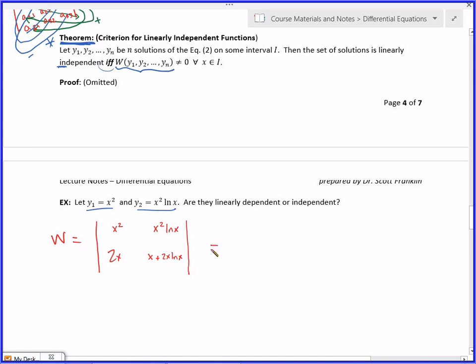Okay, so what is that determinant then? x squared times x plus 2x ln x.